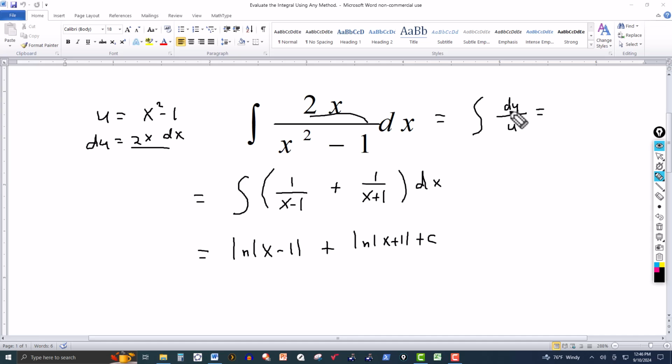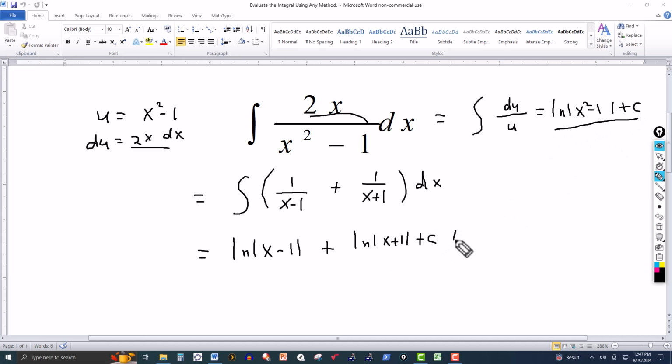Anytime you have du over u, you can have a constant here. It just multiplies that answer. It's always going to be the natural log of the absolute value of u. So in our case, u is x squared minus 1. So just put ln of the absolute value of x squared minus 1 plus the constant of integration. That's your answer.